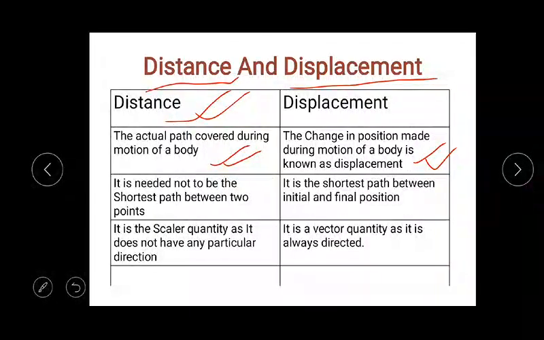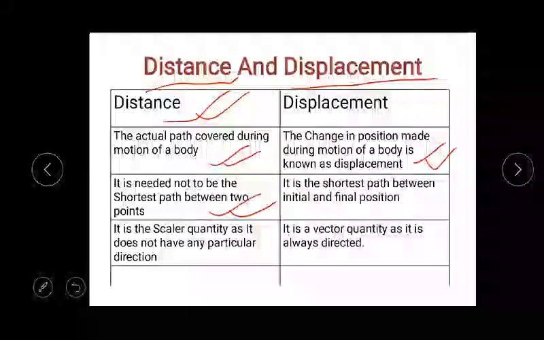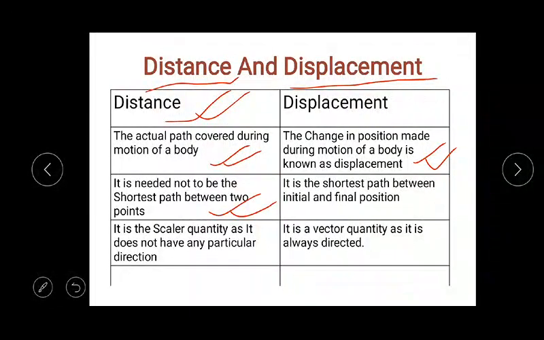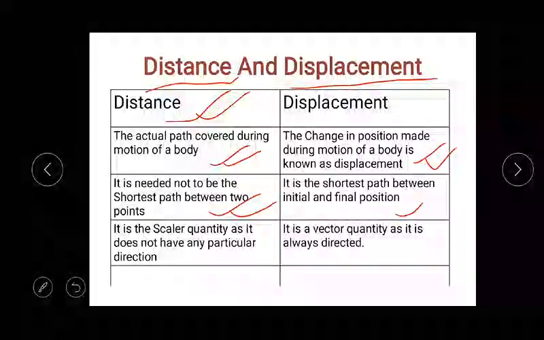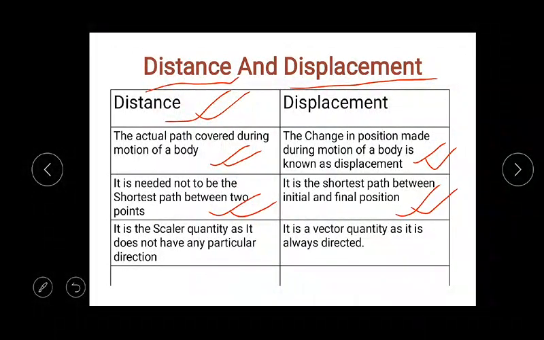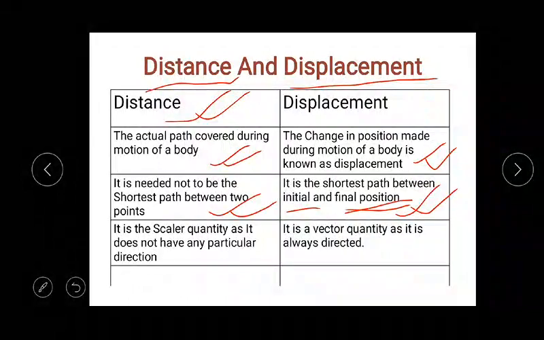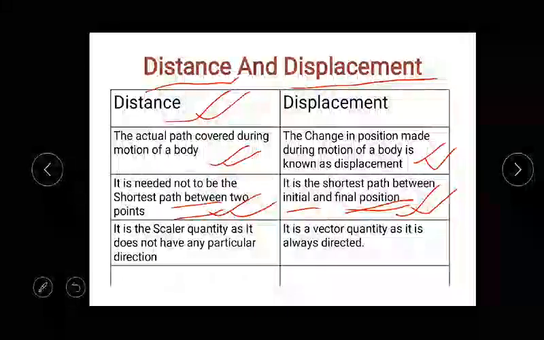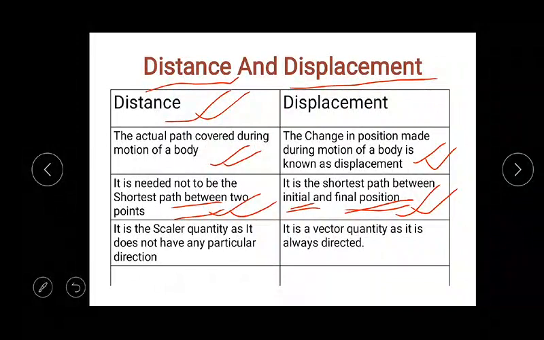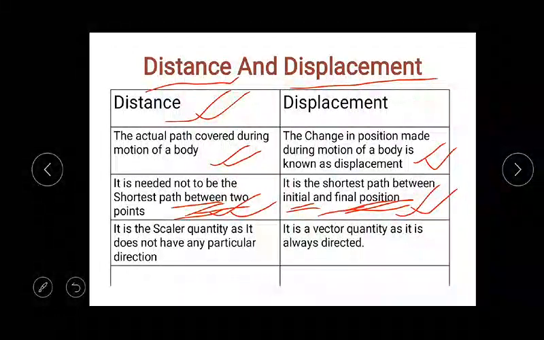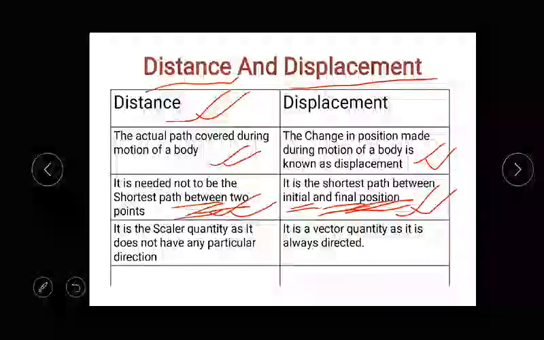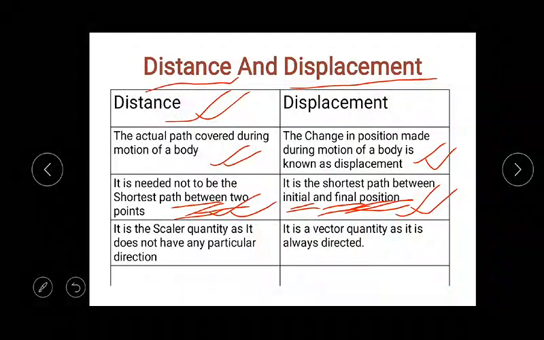Distance is not required to be the shortest path between two points, while displacement is the shortest path between the initial and final position, from where it moves to where it ends. In the case of distance, it doesn't matter which is the initial and final position; we just have to measure the total path. But in displacement, we have to find out the initial and final position.